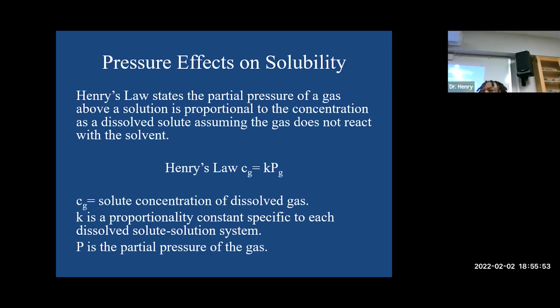Okay, so if there's no reaction and you put a gas in, it's going to be dependent on that partial pressure of that gas. Okay, so Cg represents the concentration of the solute. K is just going to be a constant. And then Pg is going to be that partial pressure.